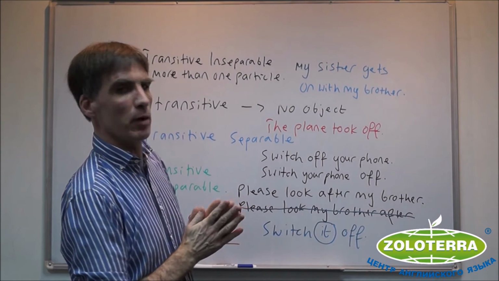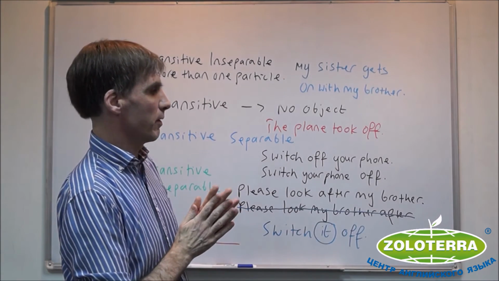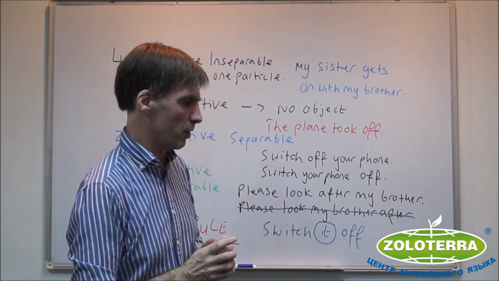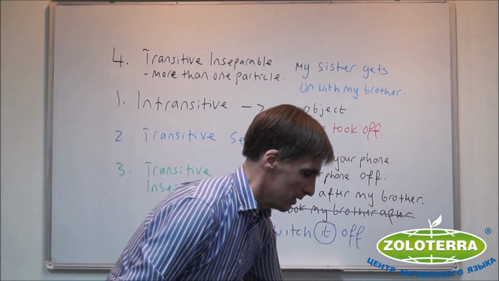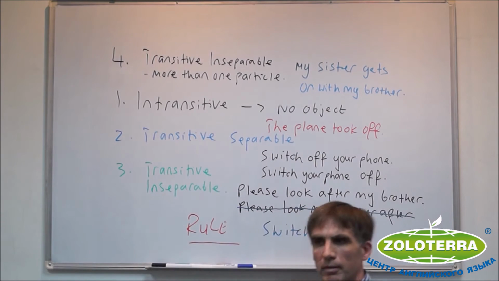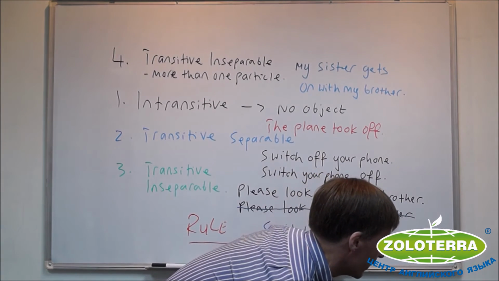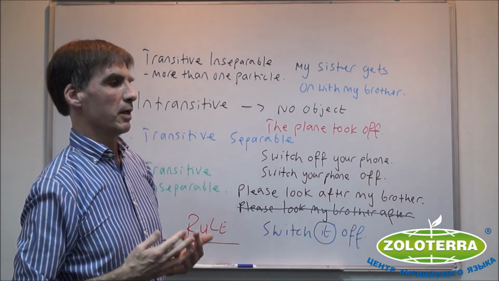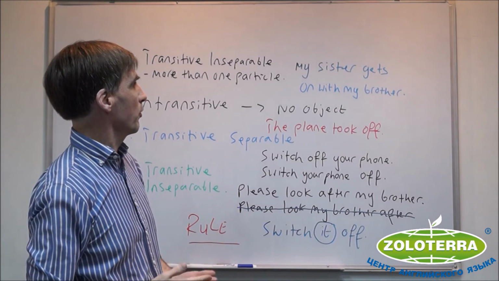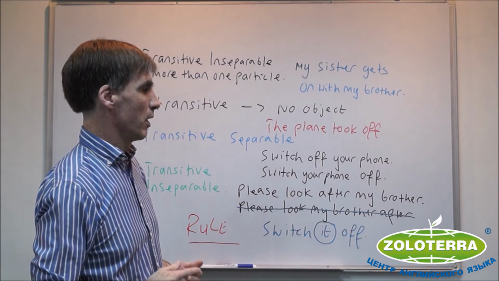Sometimes phrasal verbs are literal. By that I mean that the meaning of the phrasal verb is quite easy to understand. If I said sit down, it's quite easy to understand. But many others have a figurative meaning, and the meaning can simply be worked out from context. It's not always easy, and there are so many.